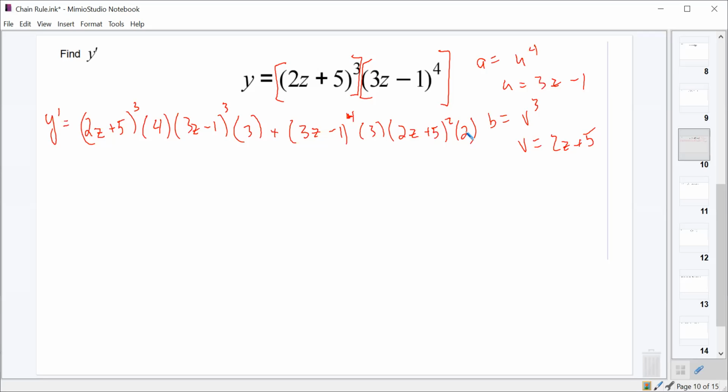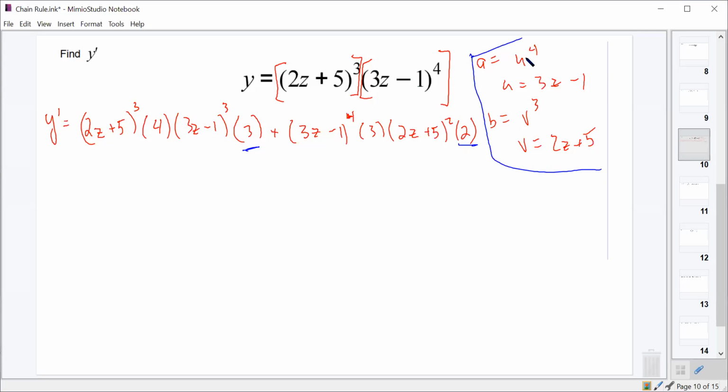Everybody okay with that being the derivative there? I'm just unclear on how the 3 in the first term and then the 2 in the second term came about. These ones? Yeah. So when we did our derivative of the (3z - 1)^4 part, we used the chain rule.